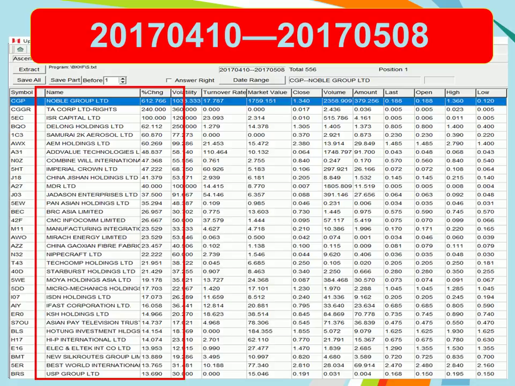This is the statistic. I found some stocks during this period. Then we can right click rising percentage and we get this. Then you can know which stock is the active stock and has more rising percentage.